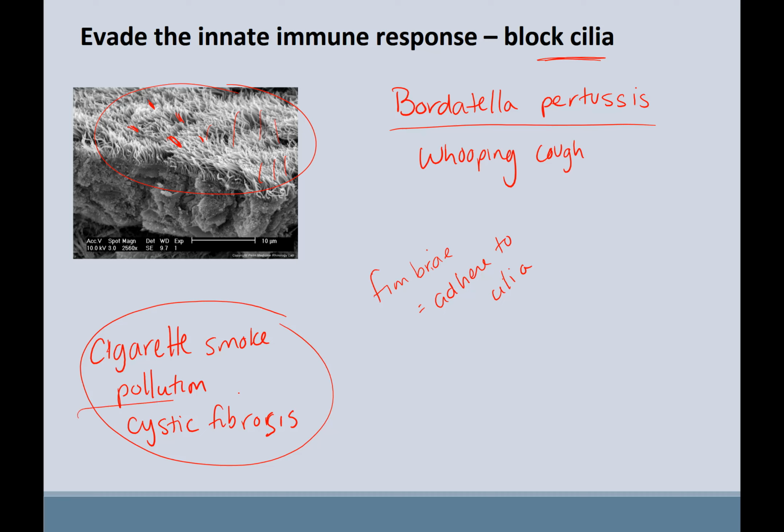Cigarette smoke and pollution can destroy your cilia, so that's why people who smoke have what we call smoker's cough, because they don't have these nice cilia to help move things out. Cystic fibrosis is a genetic disease where there's a huge accumulation of mucus, so the cilia can't work to clear things out, and then people with cystic fibrosis can get infections in their lungs because they can't clear out the bacteria or viruses.